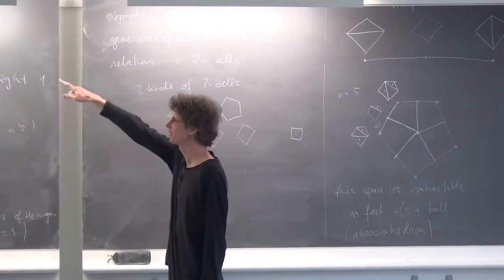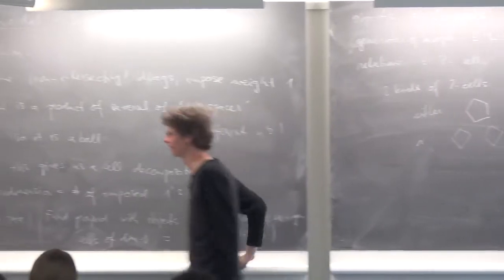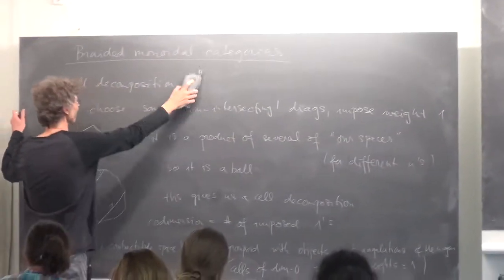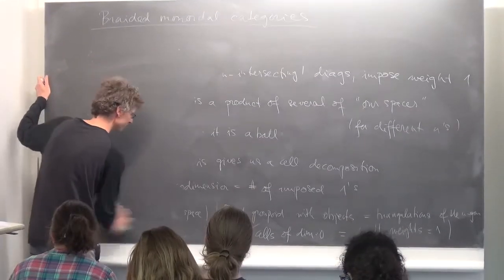Now, I still keep the title braided monoidal category, so let me use this title. So what is a braided monoidal category?